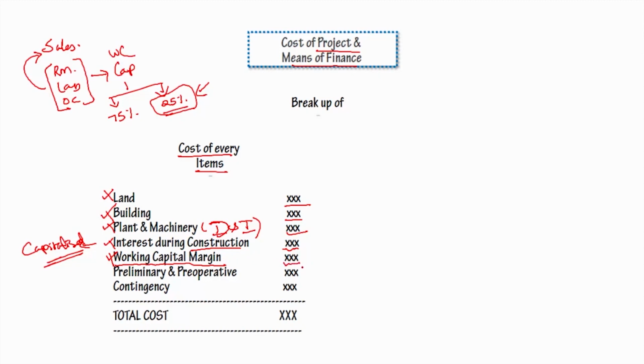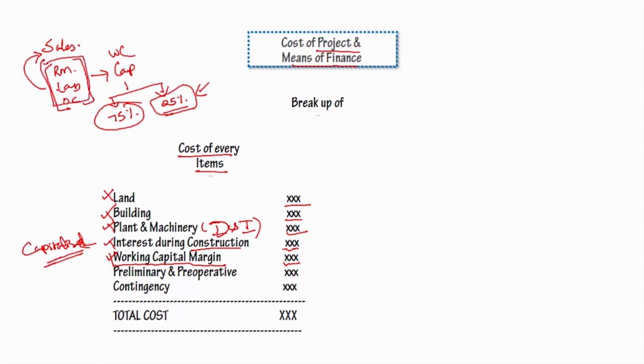This practice varies from bank to bank. Public sector banks insist on adding this working capital margin under total cost of project because they appreciate that if this working capital margin is not given, he will not be able to get this 75% from the bank, and if that is not availed, then they cannot invest in these items.